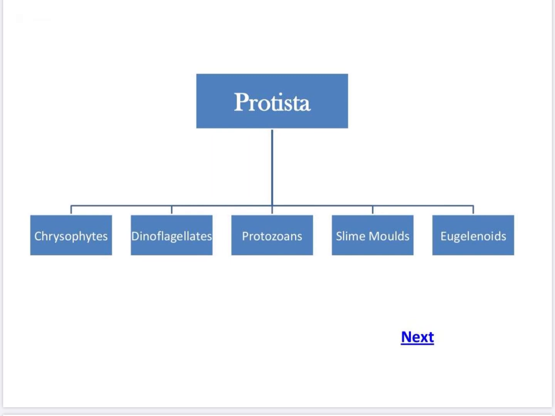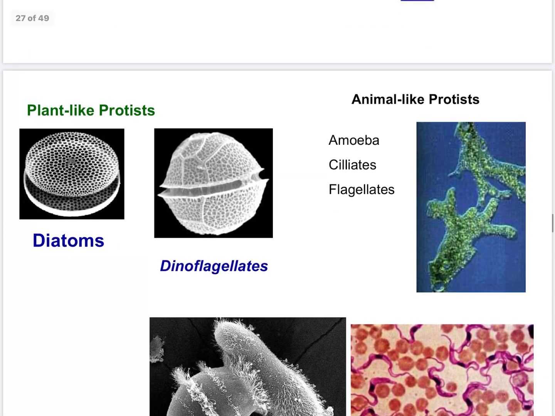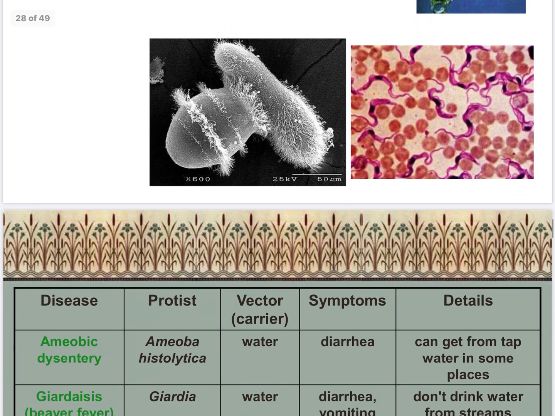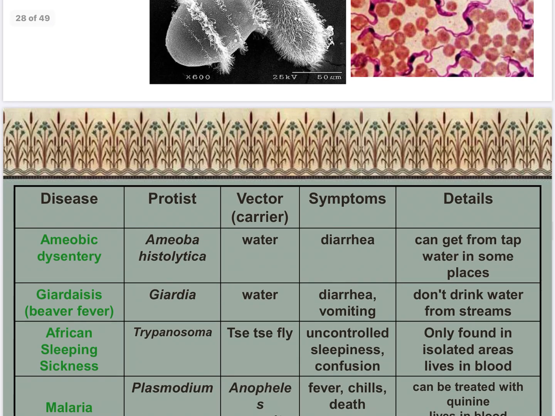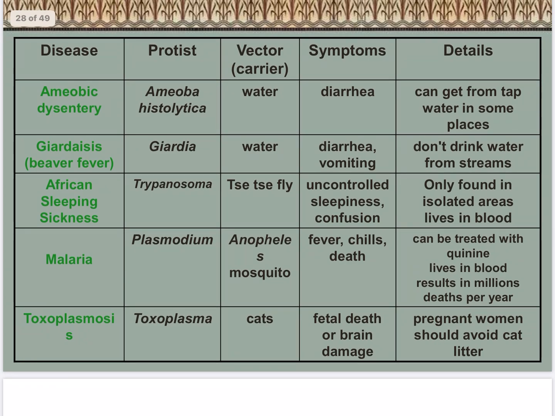And Protista includes 5 groups: chrysophytes, dinoflagellates, protozoans, slime molds, and euglenoids. Let's see the first one. Now, plant-like protists: look at the diatoms, dinoflagellates, and the animal-like ones are amoeba, ciliates, flagellates, and the various diseases that they cause.